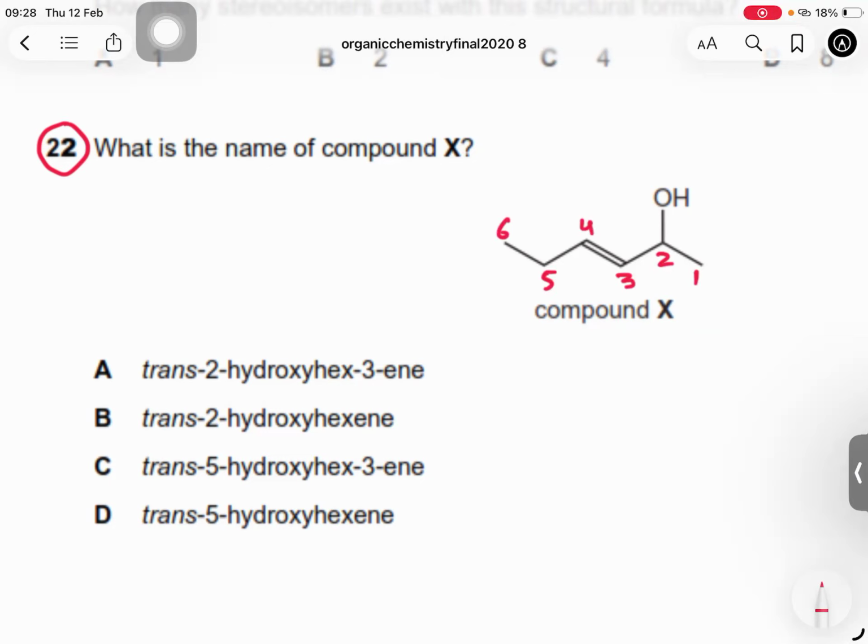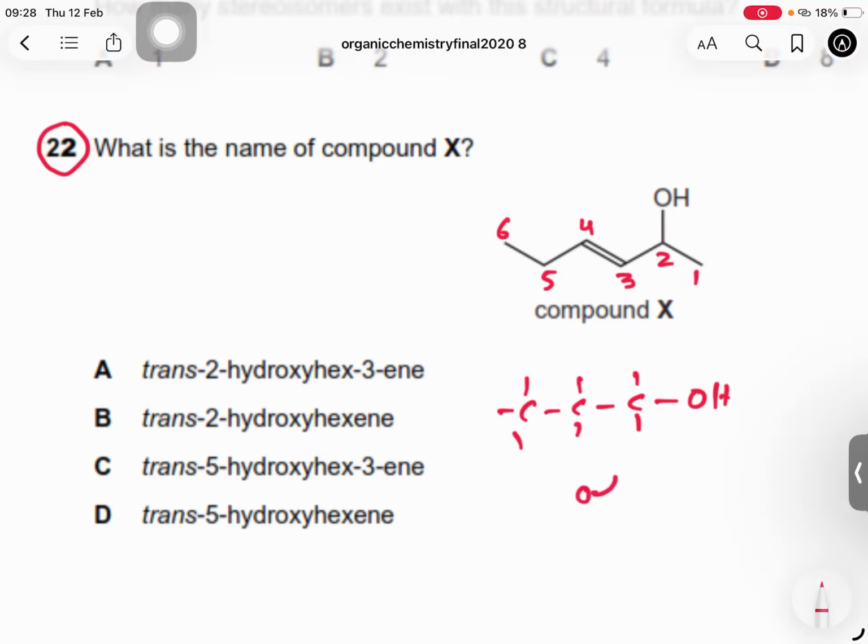Pay attention, everyone. When you have the OH functional group, what do you call it? An alcohol. And how do we name it?